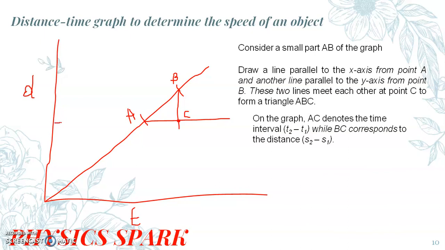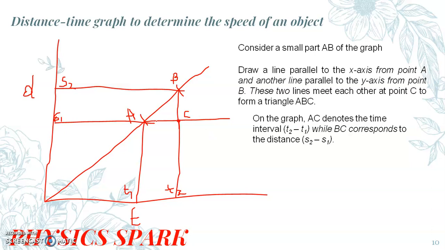Now we will extend this line to show our distances like this, and we again extend this parallel to the y-axis. Now here this is the point S1, which shows the distance of the body from origin, and this is S2, which shows the distance at point B. Here T1 is the time taken to reach a distance S1, and this is T2, the time taken to reach S2.